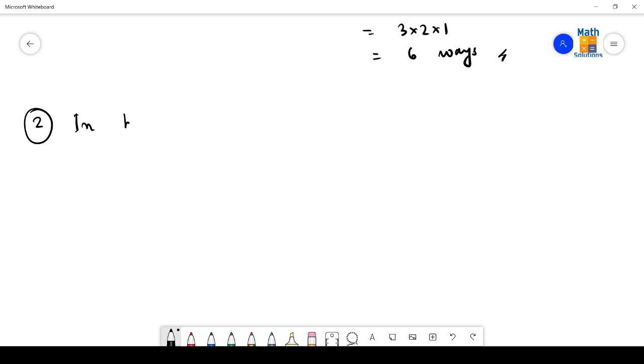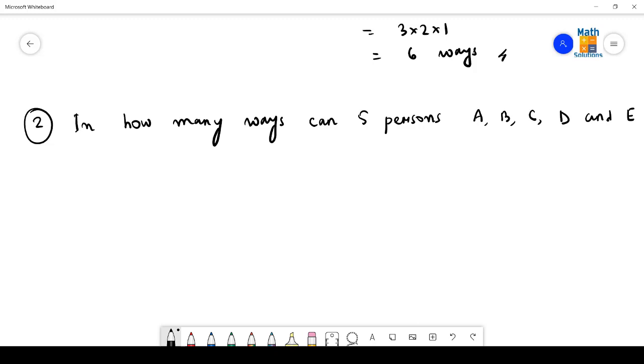In how many ways can 5 persons A, B, C, D and E sit around a circular table if there are two parts here.